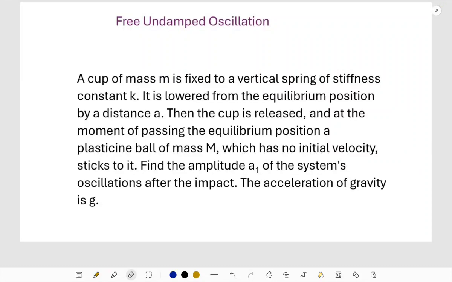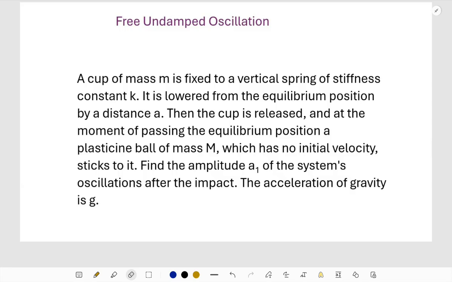And yet again we are going to solve a new problem, and this is an example of free undamped oscillation. The problem is: a cup of mass m is fixed to a vertical spring of stiffness constant k, spring constant k.